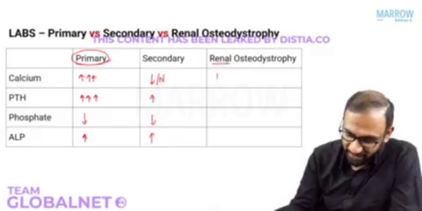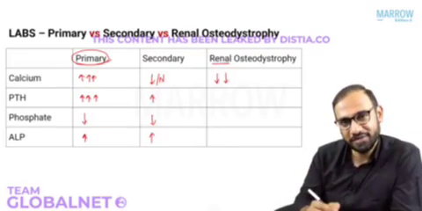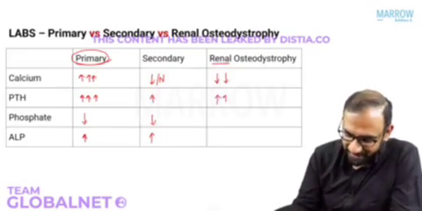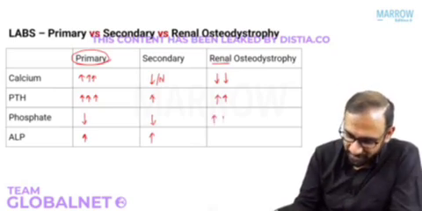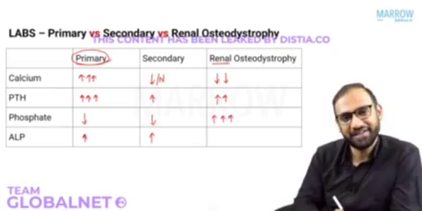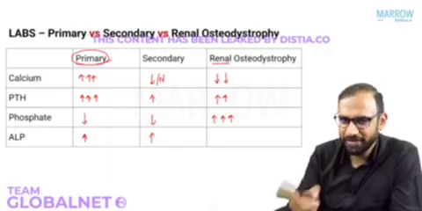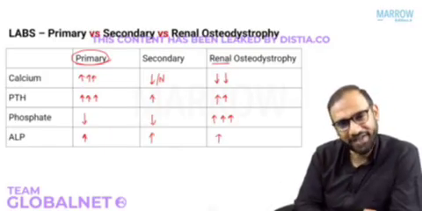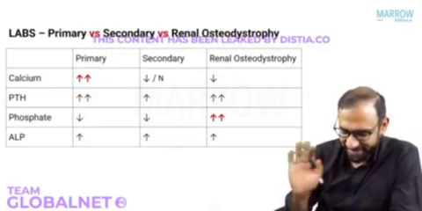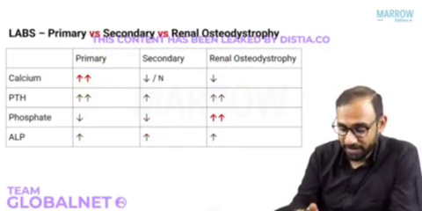So calcium is perennially low. And when calcium is low, PTH is high. And since the kidneys failed, the phosphate cannot go out, so phosphate will be high. And PTH is breaking the bone down, and whenever there is bone breakdown, ALP will increase. Okay? Samajh aa gaya? Right? So this is the picture of primary versus secondary versus renal osteodystrophy.